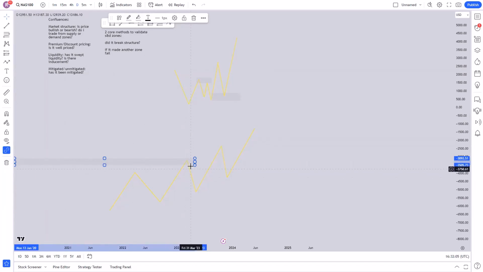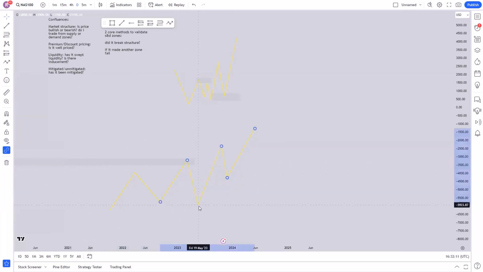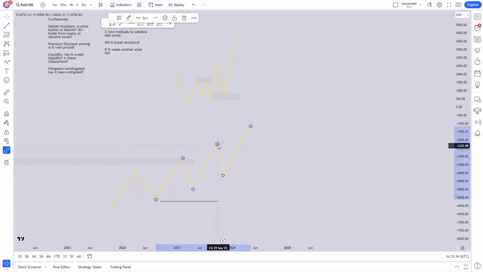We've mitigated it, but what is the job of a supply? The job of supply is to cause that break of structure, to cause a new low. In this sense, did it make a new low? Clearly, no. So we have mitigated this supply zone, got a reaction from it, but then broke it.